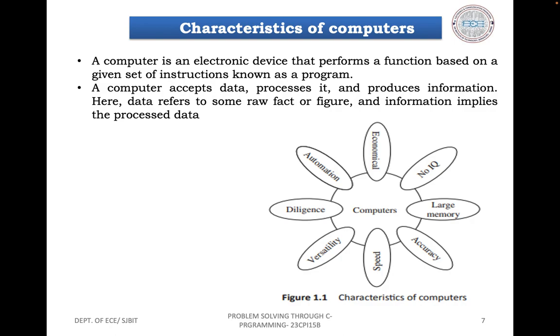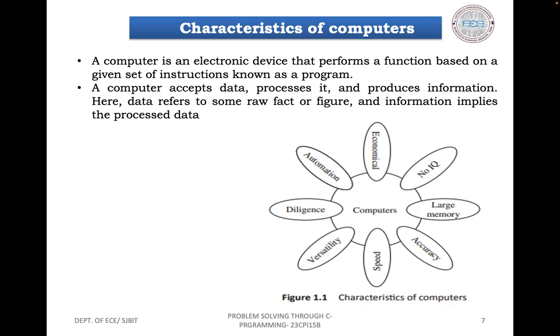So coming to the characteristics of computers, a computer, as we know, is an electronic device that performs a function based on a given set of instructions known as a program. A computer accepts data, processes it, and produces information. Here, data refers to raw facts or figures, and information implies the processed data.